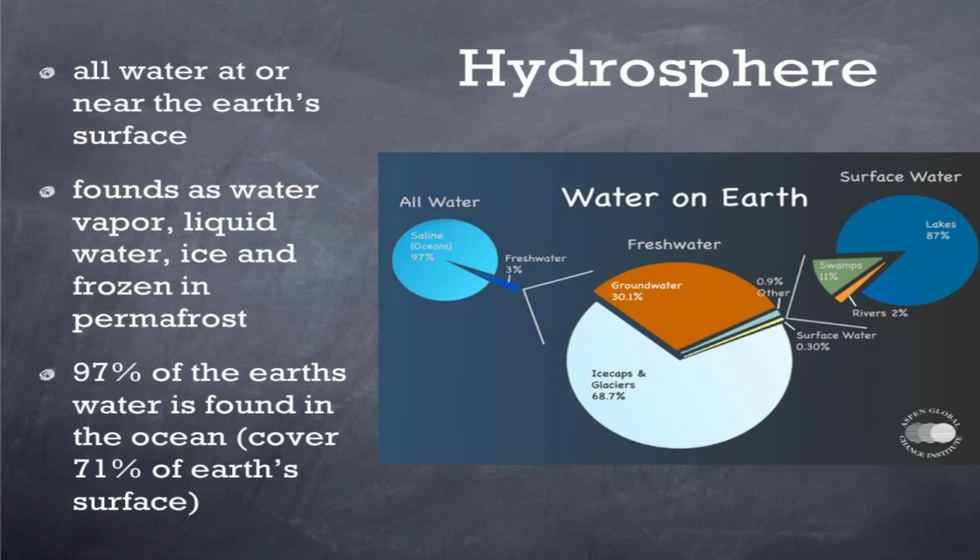So the oceanic water of the hydrosphere is what we have seen. The total surface area of the globe is about 510 million square kilometers, out of which the hydrosphere accounts for about 361 million square kilometers.